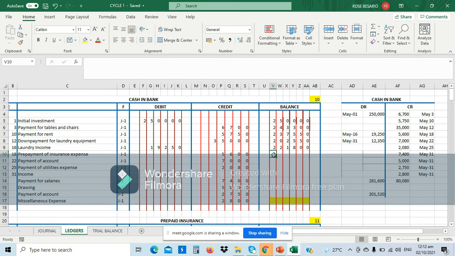That is equal to 216,200. Then minus 7,000, 209,200. And then minus 2,080. That's 207,120.